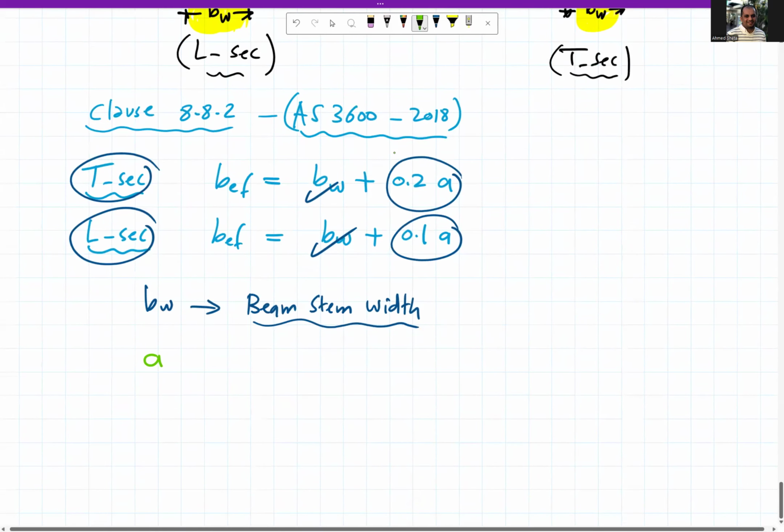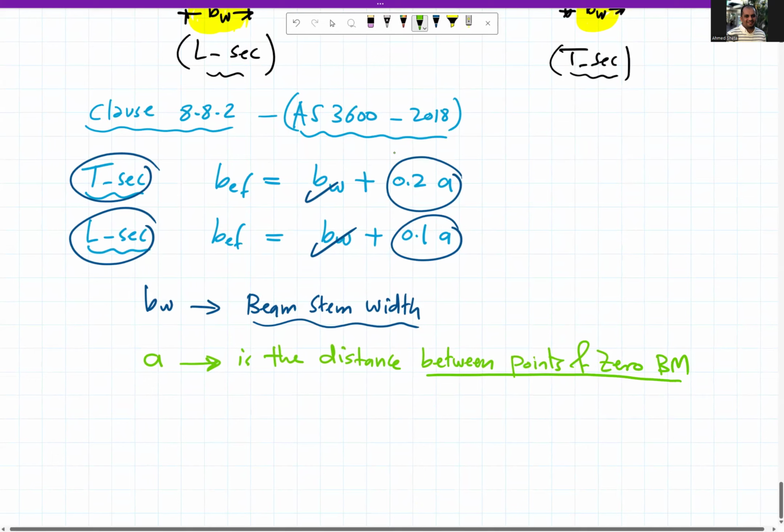So what is A? The definition of A first is the distance between points of zero moment, zero bending moment.